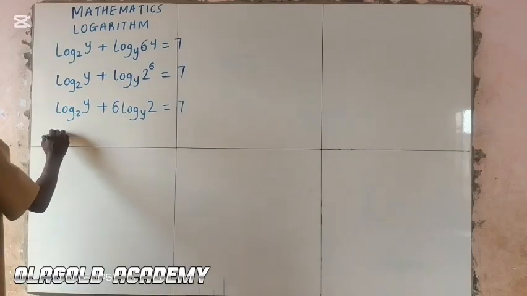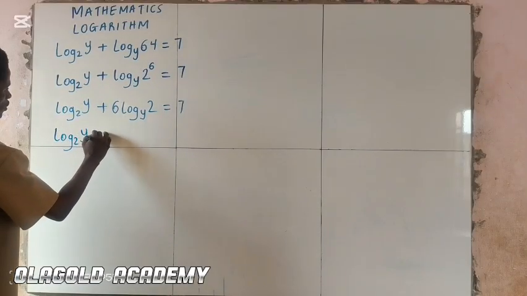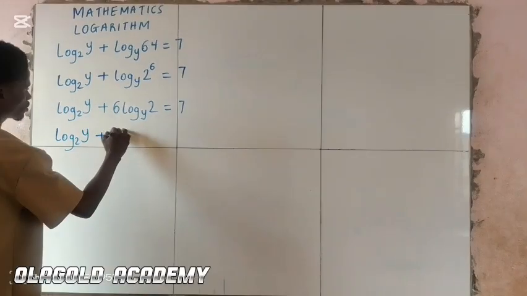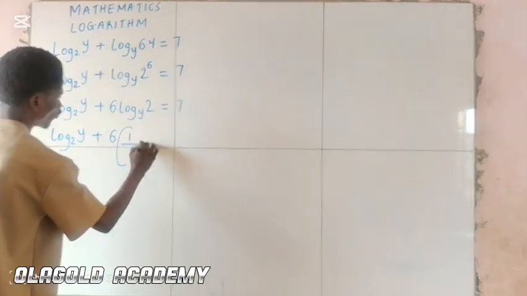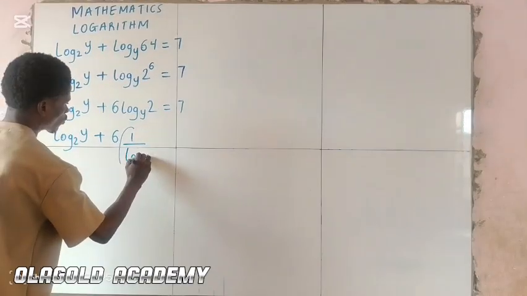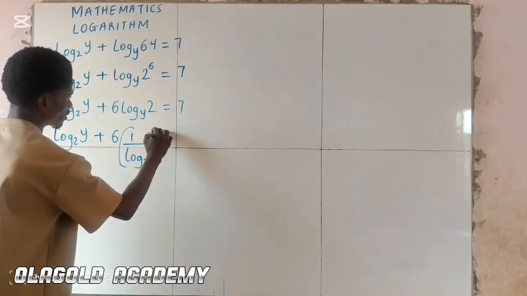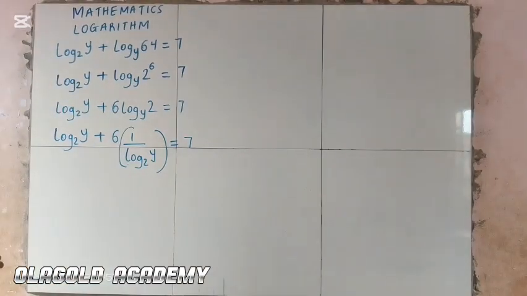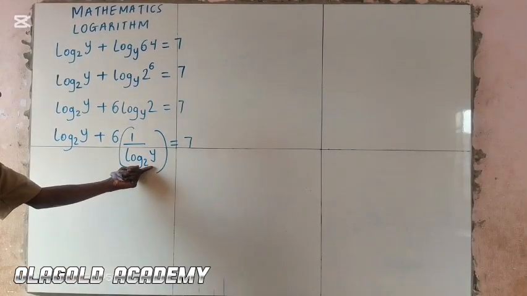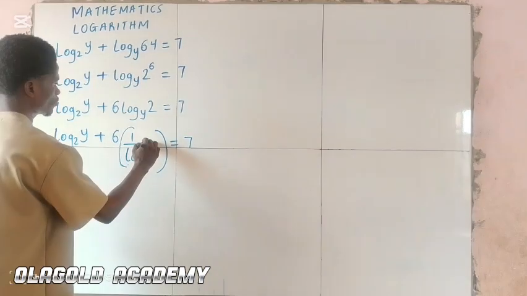So I'm going to have log 2 of y plus 6 open bracket 1 over log 2 of y. I can have this equal to 7. So I have the inverse.